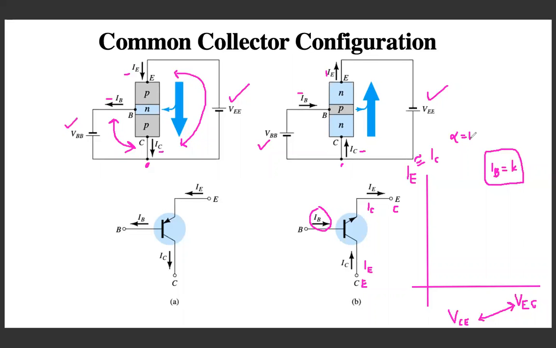So what we are trying to discuss here is that the output characteristics of common collector configuration is almost similar to the output characteristics of common emitter configuration. The only difference will be there will be IE on y-axis as compared to IC, and there will be VEC on x-axis in place of VCE.